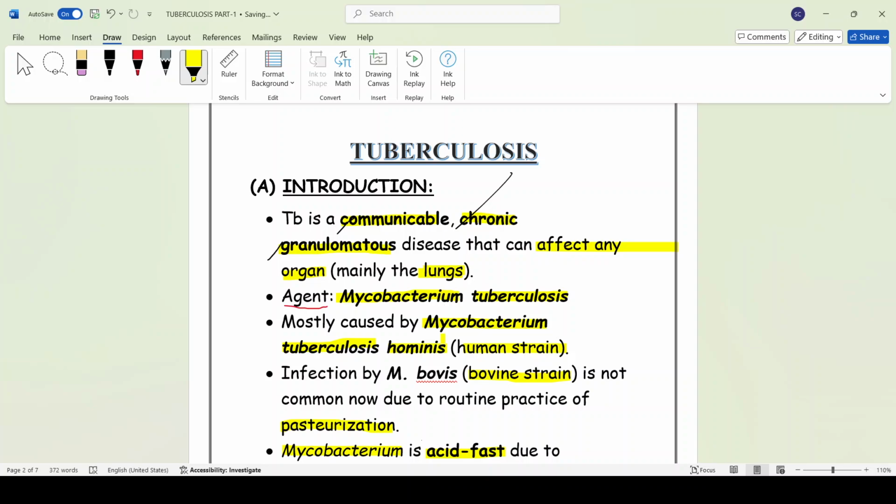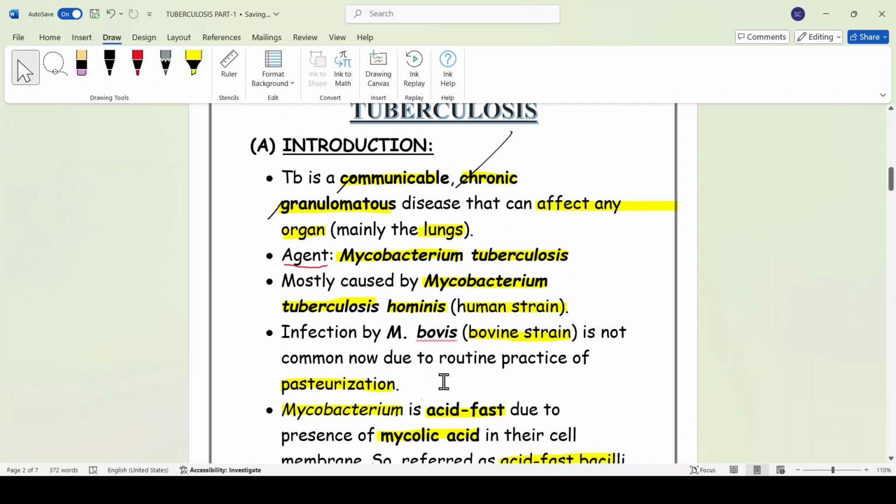Out of these two, Mycobacterium tuberculosis hominis is the human strain and the most common agent causing TB. Mycobacterium bovis is also a common agent, but not as common as Mycobacterium tuberculosis hominis.